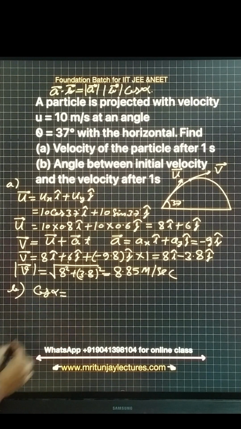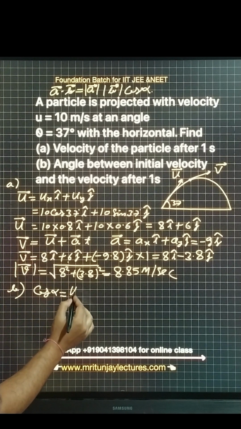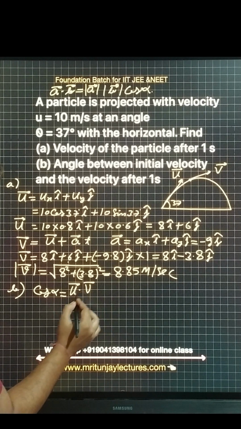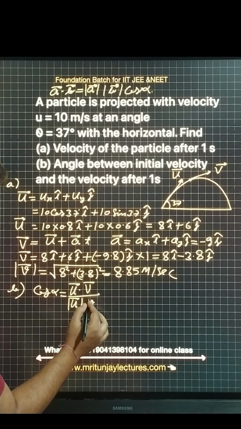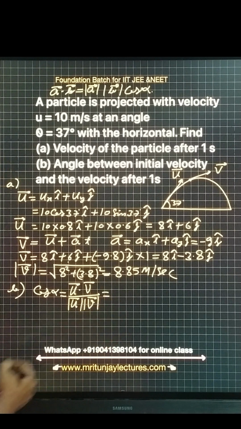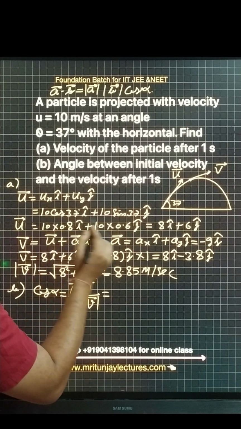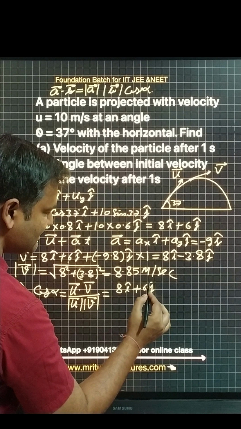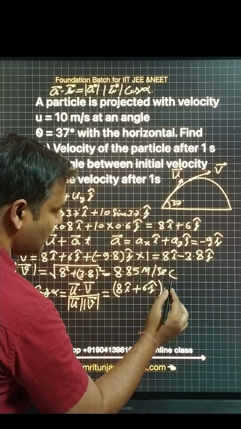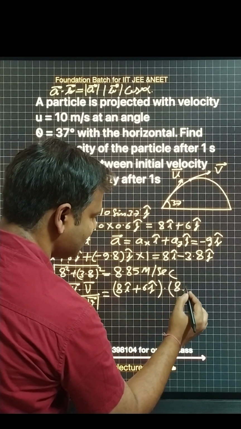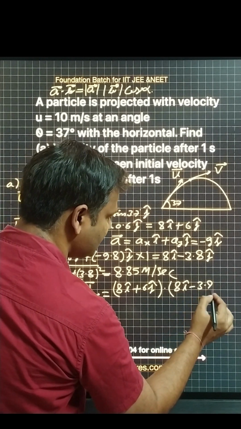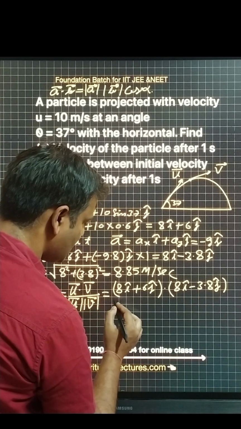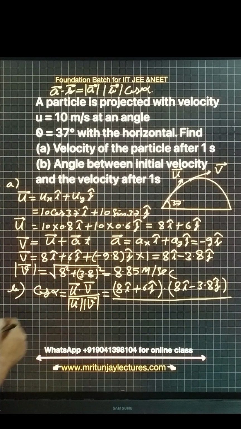Cos alpha is written as u dot v divided by mod u into mod v. What about that? U is 8 i cap plus 6 j cap, dot 8 i cap minus 3.8 j cap, whole divided by mod u.